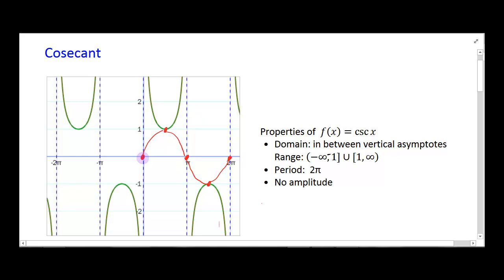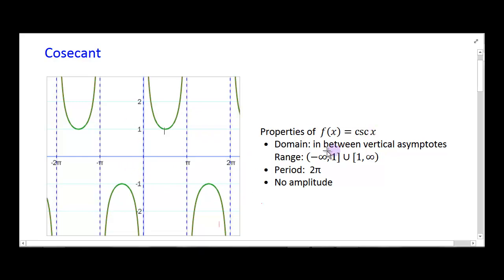Notice that everywhere I'm crossing the x-axis, I have a vertical asymptote, and everywhere I have a maximum or a minimum, that's where my cosecant function is going to touch. So we're going to use those ideas to graph the cosecant function based on what we already know about how sine graphs.